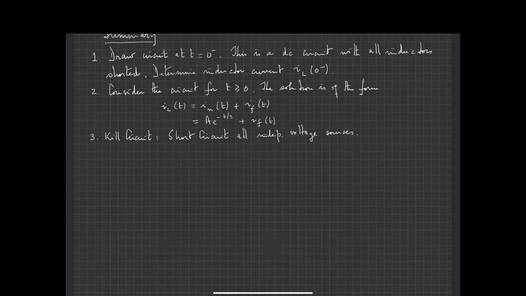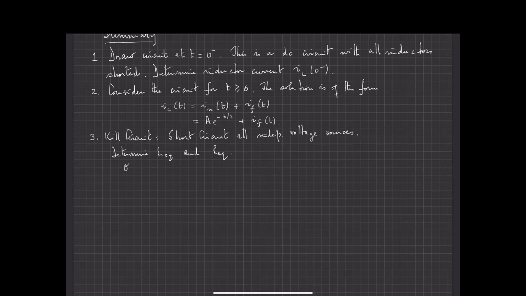And later on, when we talk about forced RC circuits, you know that killing a circuit might mean also open circuit for currents, independent current sources. But for the time being, determine L equivalent and R equivalent.